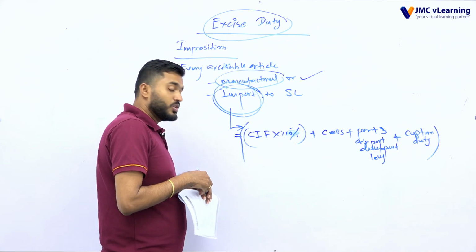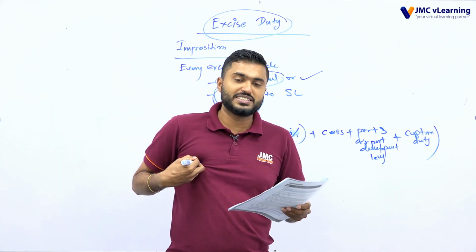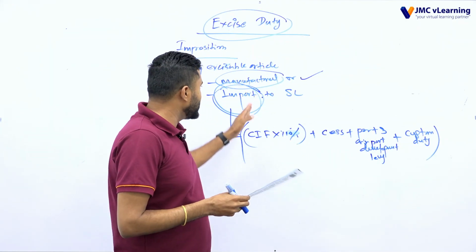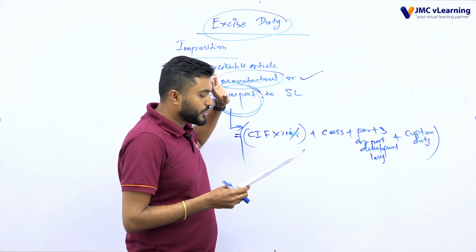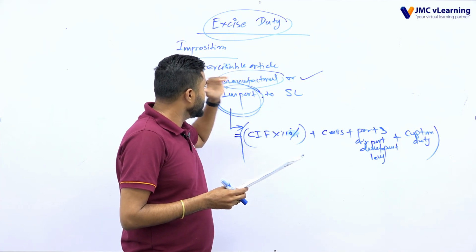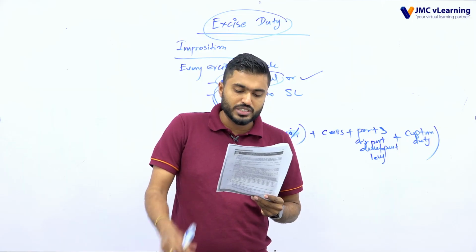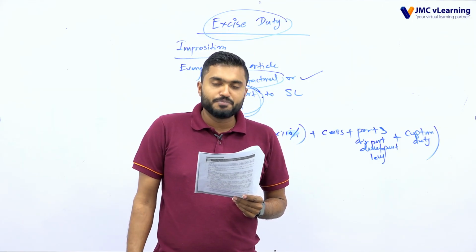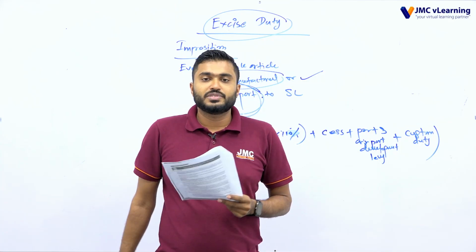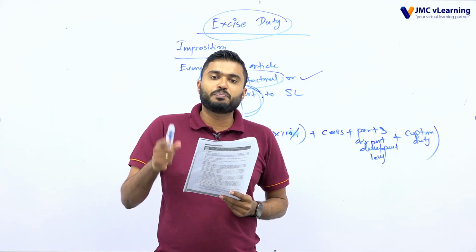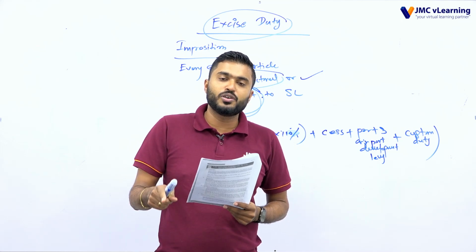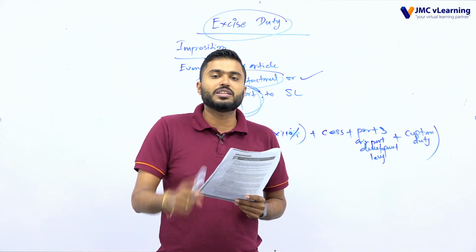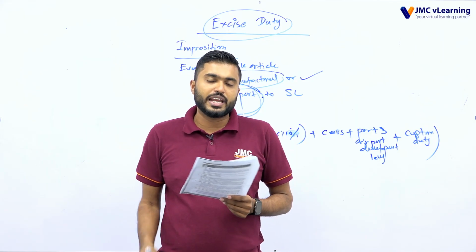So what is the payment of this excise duty? This should be paid by the producer, the manufacturer or importer of such excisable goods. It should be paid quarterly, but the payment should be made on or before 1 calendar month from the end of the particular quarter.